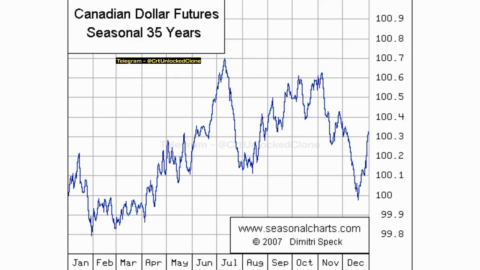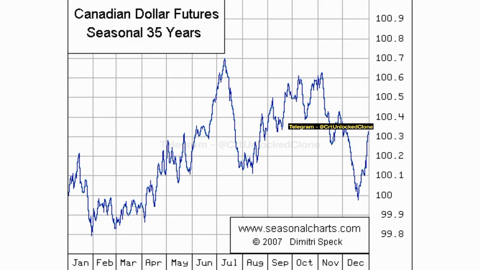Right here you can see that seasonally or periodically the Canadian dollar has shown a tendency or likelihood to form bearish price action or to go lower from September to December, right? Which means that historically it's proven from time to time that more often than not, according to this 35 years worth of data, the Canadian dollar goes lower from September till December's end. Now, if we're going to use this information on the USD CAD forex pair, then we're simply going to use the inverted info, right?